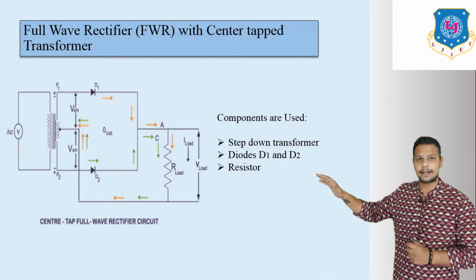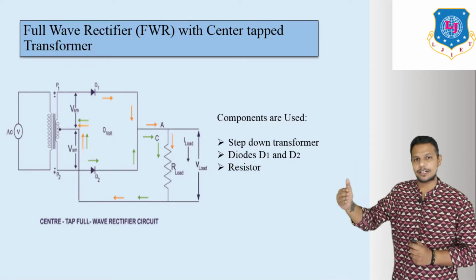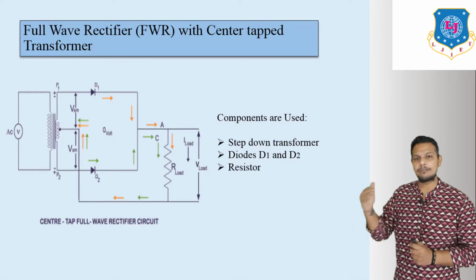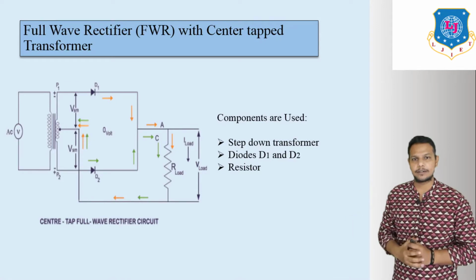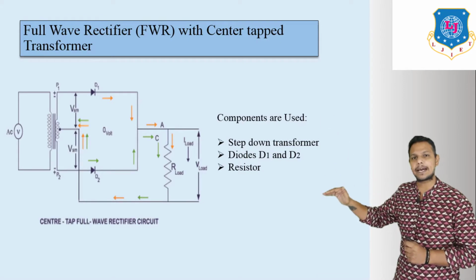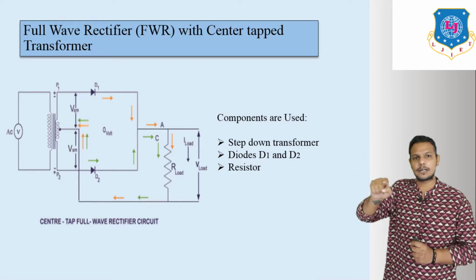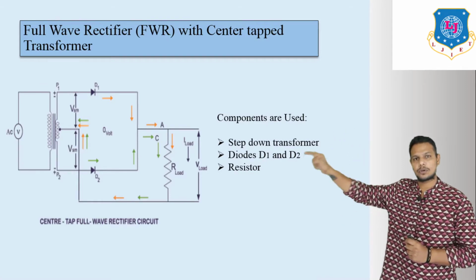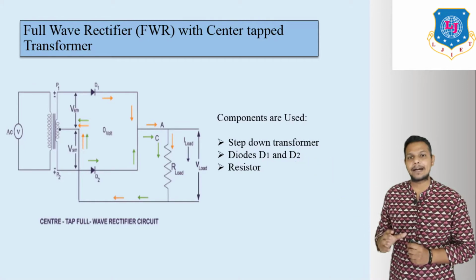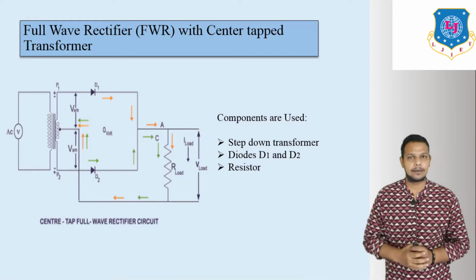We apply positive and negative half cycles accordingly, and current flows from D1 to the O terminal, the common terminal, and we get the output across the load resistance RL.